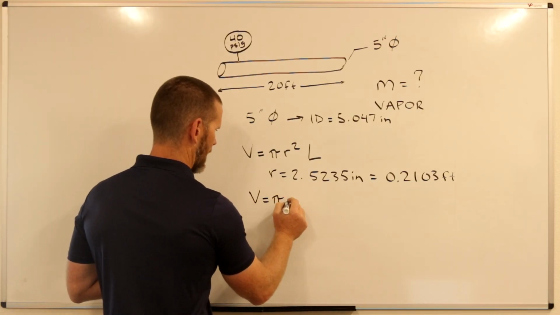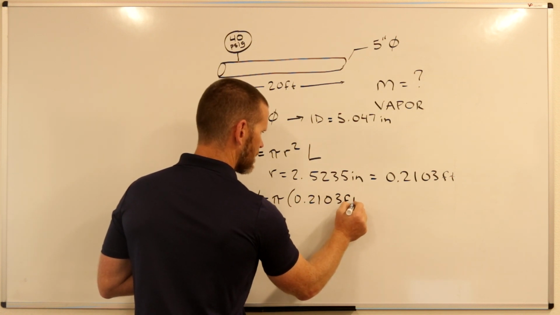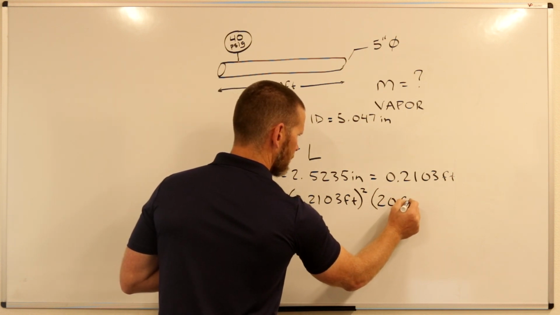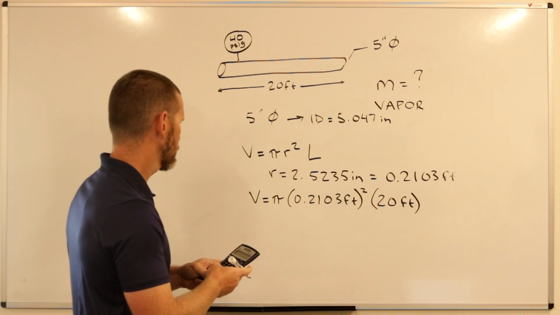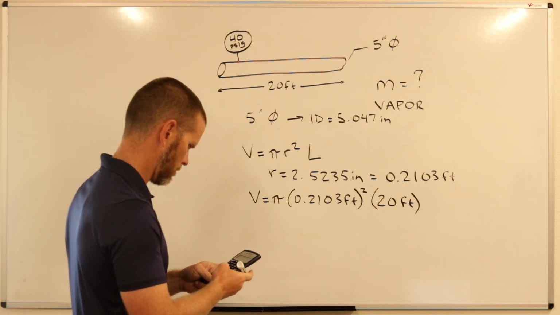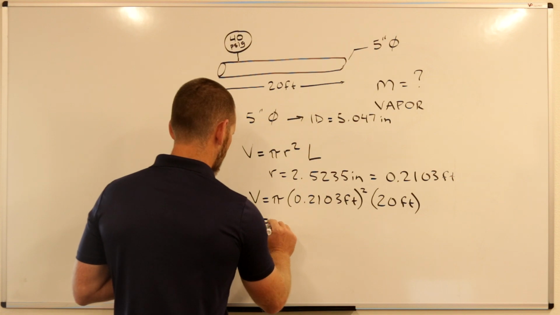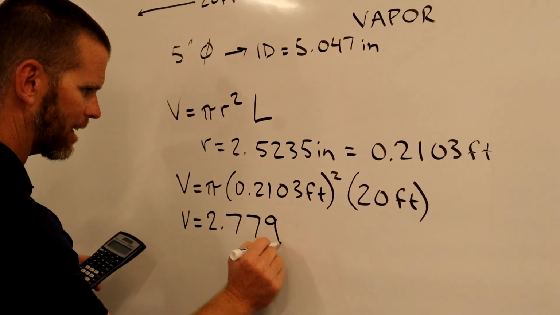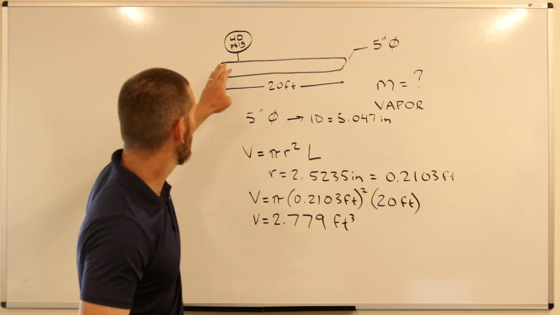Volume equals pi times 0.2103 feet, that will be squared, multiply that times 20 feet. Okay, we find out the volume of our pipe is 2.779 cubic feet.